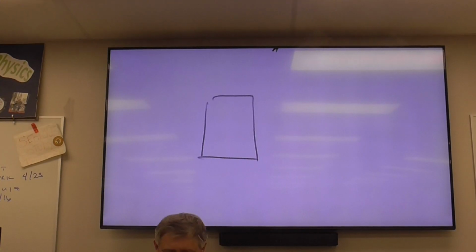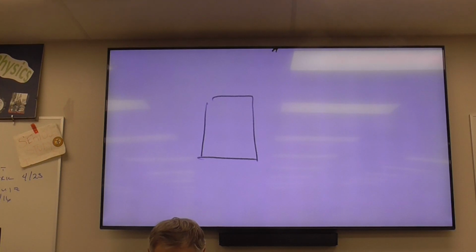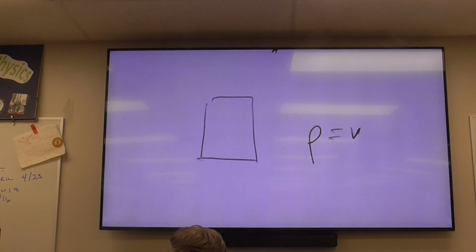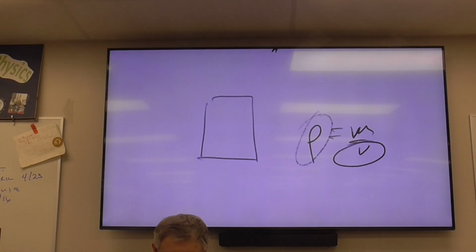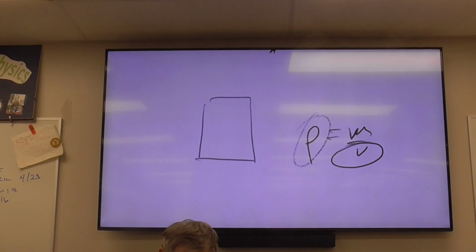When you get to number 5, here's the basic idea: you're going to take this loop of wire and figure out a whole bunch of things with it. The first thing you have to figure out is the mass of the wire. Density is mass divided by volume. I've given you the density. The trick here is you have to find the volume.